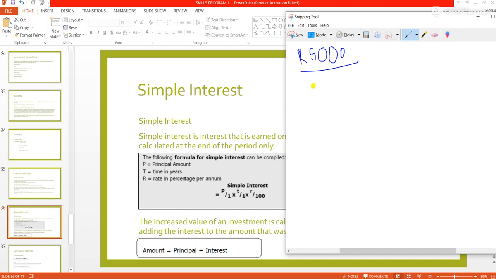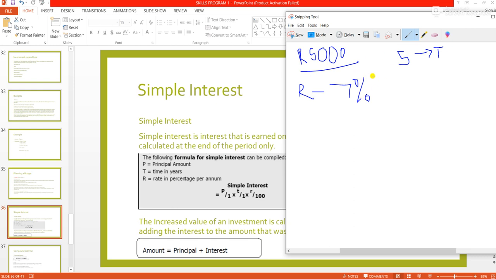This is our principal amount, and also we've got our interest rate at 7%, and also we've got years, which is 5 years, which refers to T, and we are asked to calculate the money in interest.